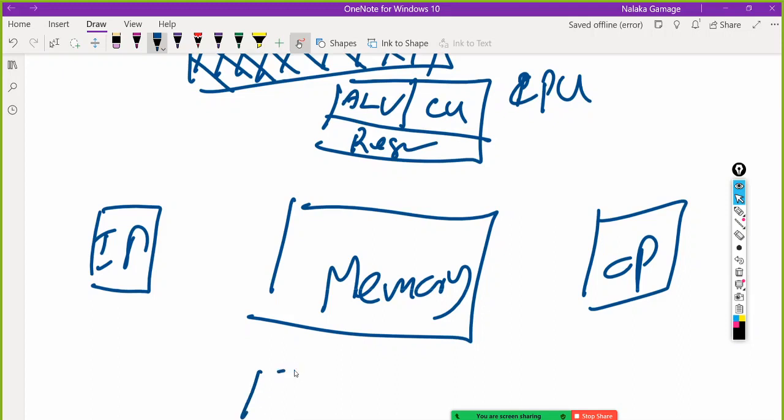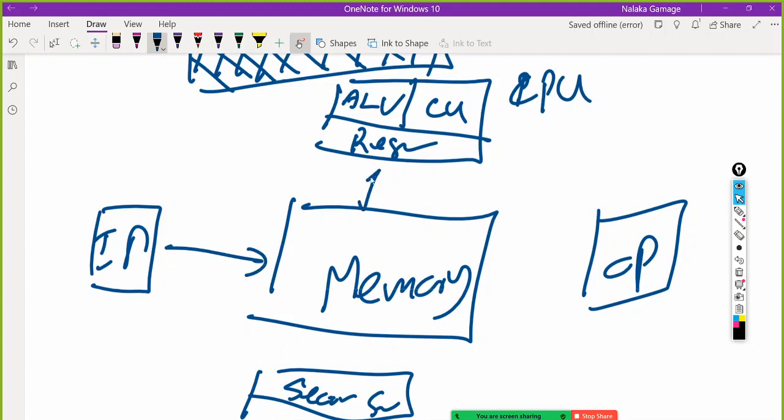And of course you can have the secondary storage. Data first comes to the memory, is processed and written back to the memory, and then written to the output. What is the purpose of secondary storage? If you want to permanently store data, and your programs are also here.